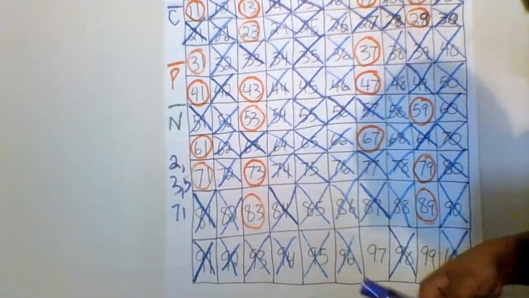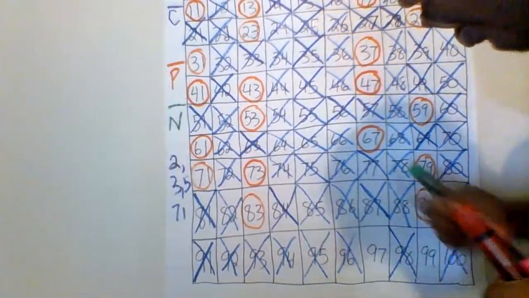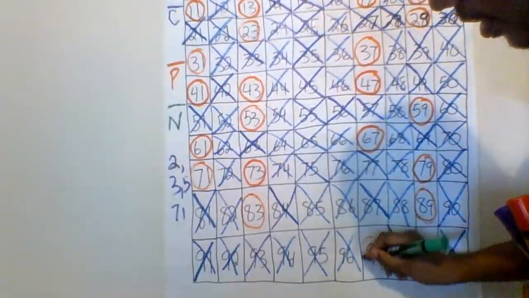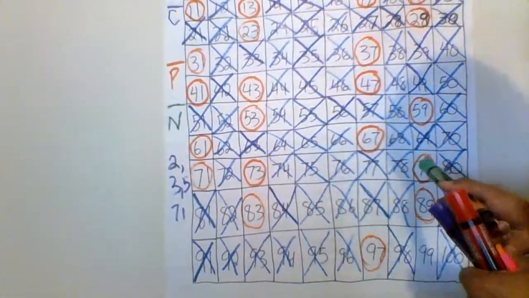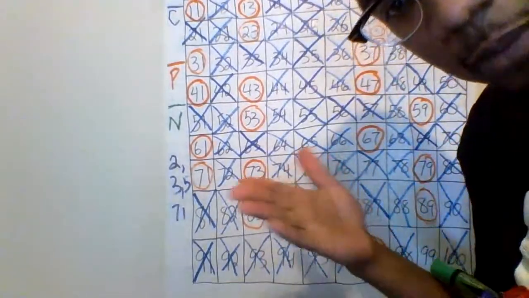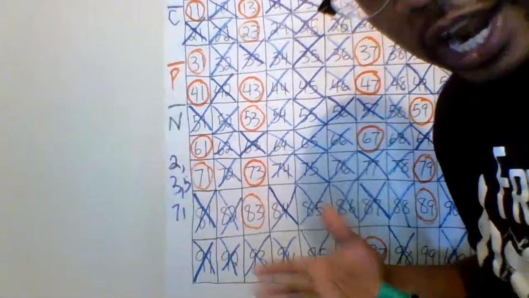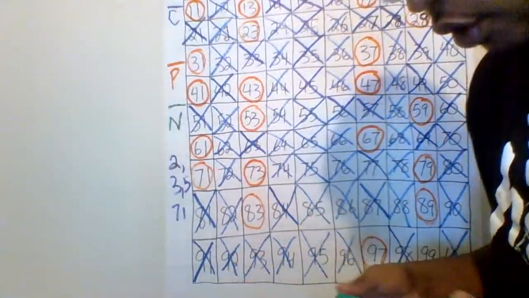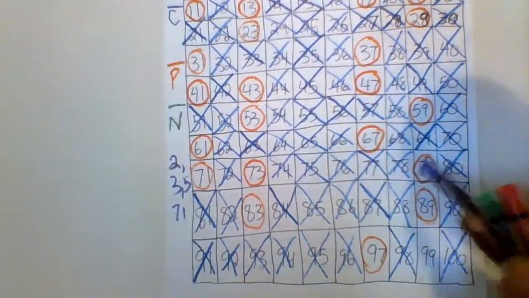Right? So 97, the rule of 3 does not work on it. So 97 is prime. Last one, 99. Well, you should know 9 times 11 is 99. So it has more than one way. So 99 is composite.